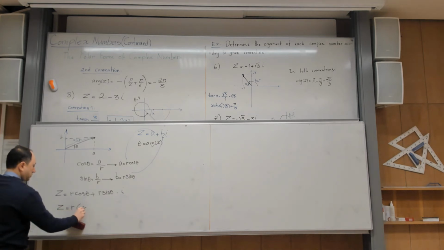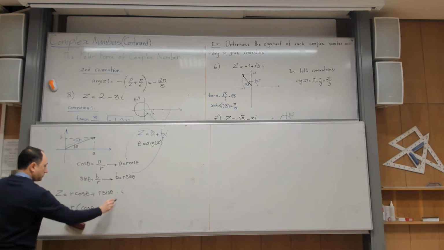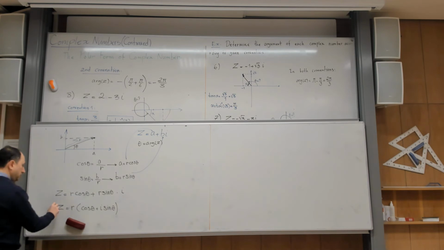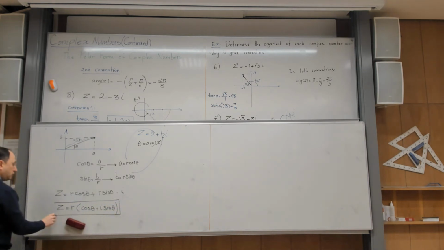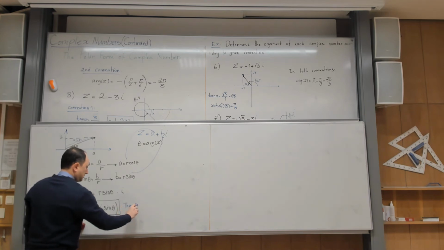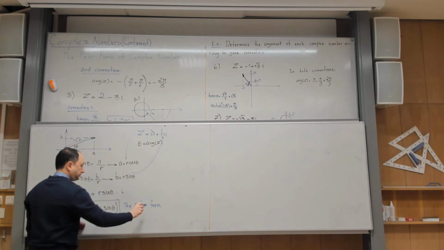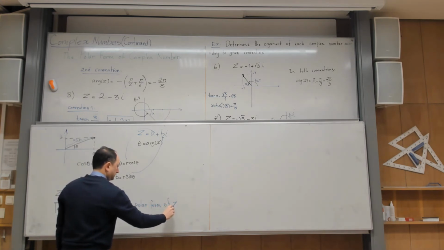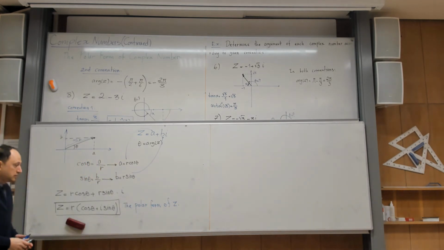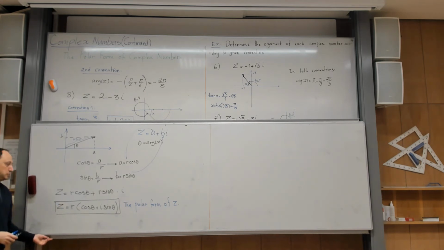So it becomes r times cosine theta plus i sine theta. This is called the polar form of your complex number. Yes. This is given in the formula sheet, but I think it's good to remember it.